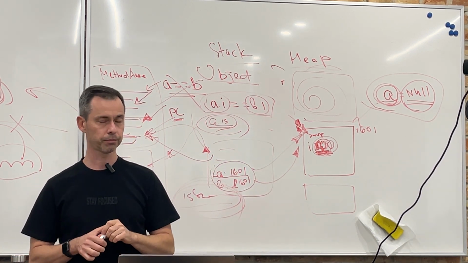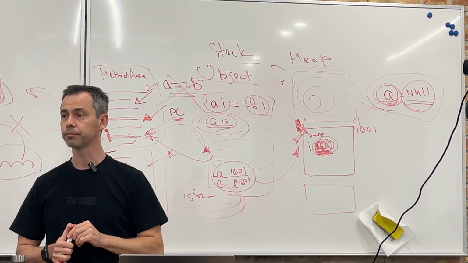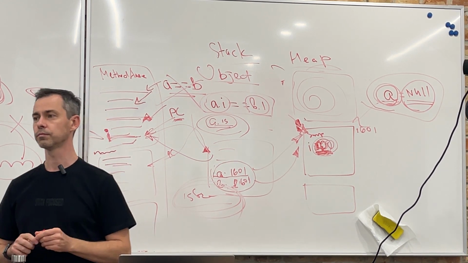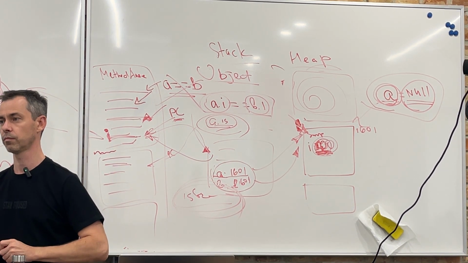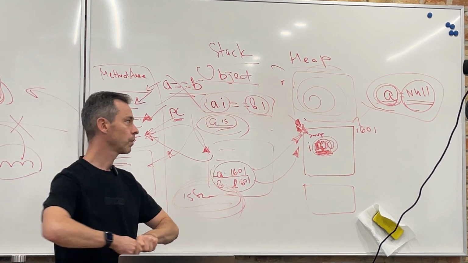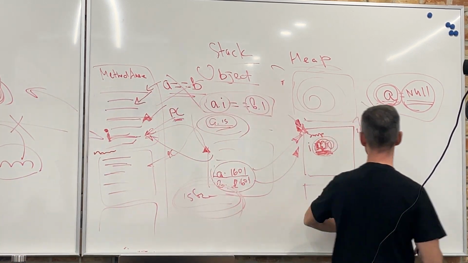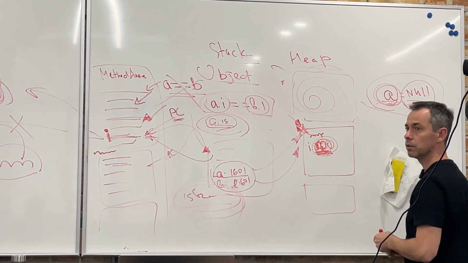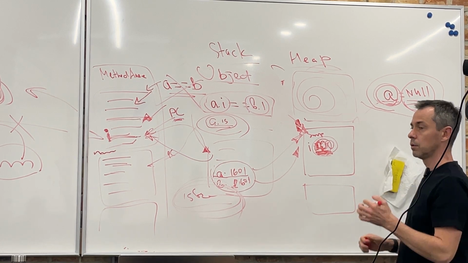Any questions? Not really regarding this, but if we have two arrays with different sizes, for example 3 and 5, and we do A equals B, will that work? Like I try to reassign the pointer.